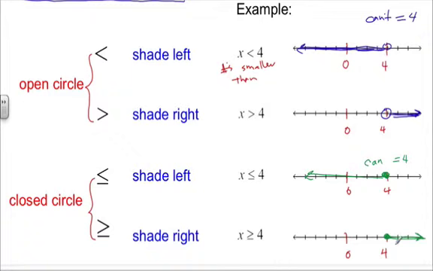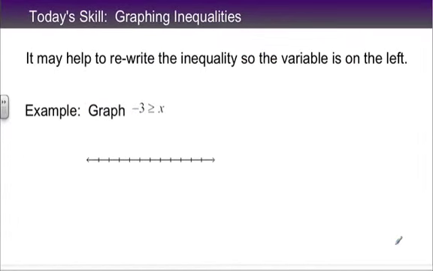So those are the basics of the graphing, but now let's take it one little step further: what happens when your variable is on the right-hand side of your inequality. My suggestion is to rewrite the inequality so that the variable is on the left. If you're looking at this inequality right here, -3 is greater than or equal to x, I would rewrite it as x is less than or equal to -3.